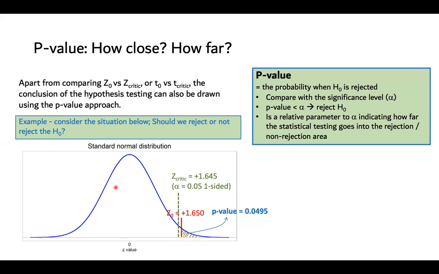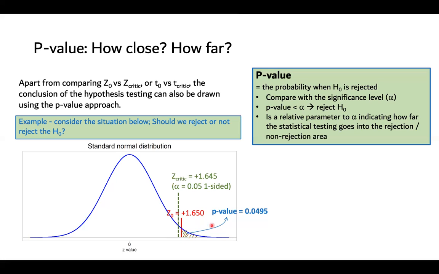But how significant is that? It is very close to the boundary. This is the area of acceptance of H null, and this is the area of rejection of H null. We are still unsure, is it close to here or not?